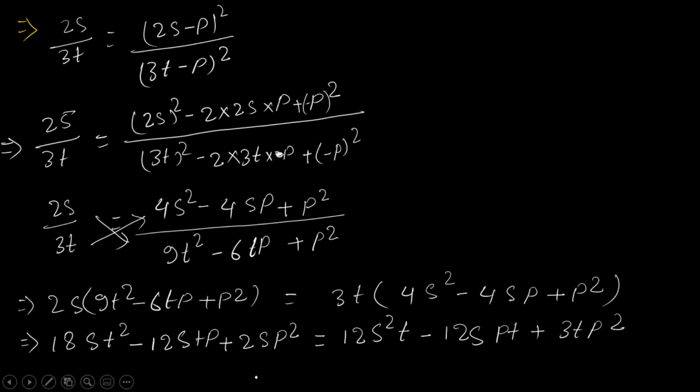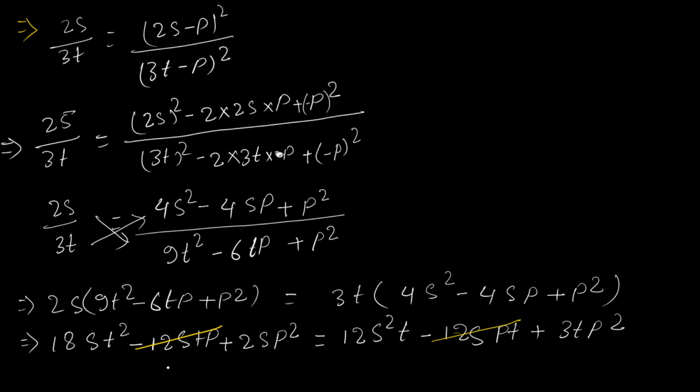Okay, now see, both the sides you have minus 12 stp minus 12 stp, so this gets cancelled and you will be left with what?